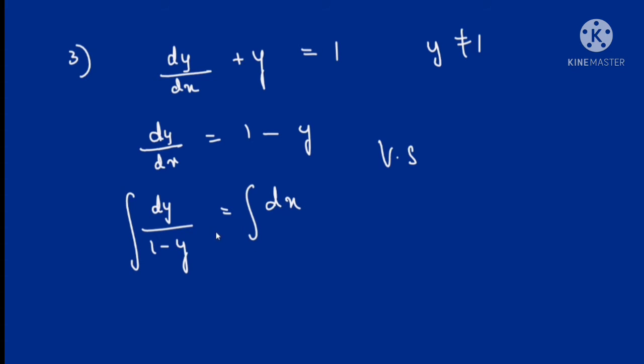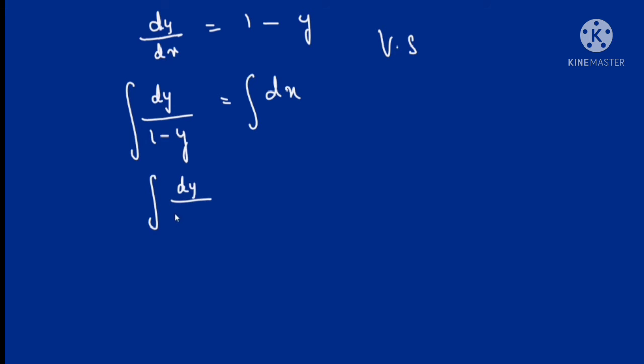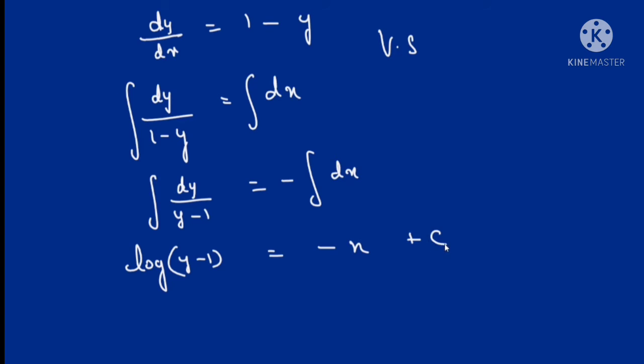So now integrate, or I will write it as y minus 1. What is the integration of this? Log of y minus 1 is minus x plus c. If you take it to the other side, change log to exponential form.